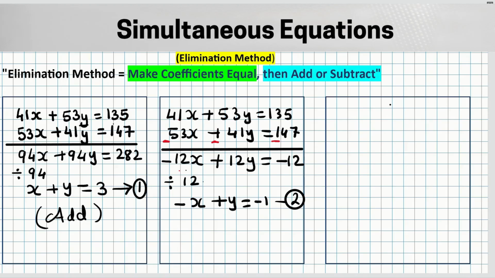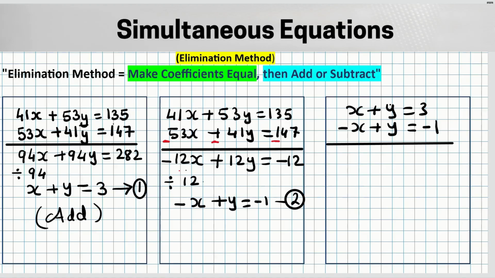Now we'll add the equations, because the signs are suitable. Let us put them down: x plus y is equal to 3 in equation 1, and minus x plus y is equal to minus 1. As I've already taught you in the last example, we are going to get rid of one of the variables.